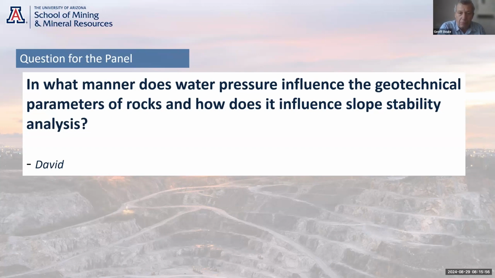So you've got 40 meters of water pressure pressing against the material that's holding that tension crack together in the slope. So the force of that water wants to push the slope outwards. And so the driving force of the water is also really the second way that water influences geotechnical stability.